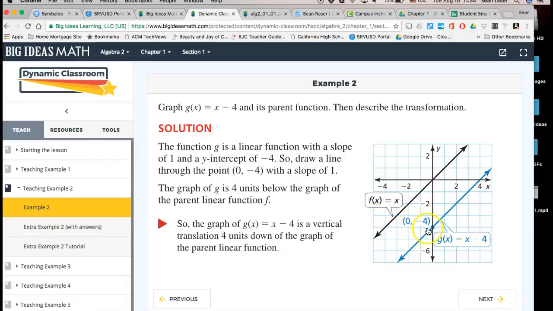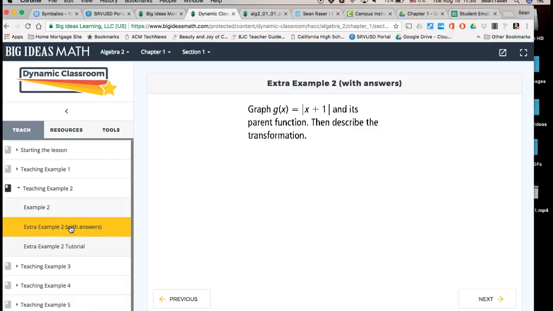You compare your graph to the parent function and you look at the changes and see what type of change has been made. Now what I want you to do is look at this example right here. I want you to look at the parent function, say what family it is, and then compare the graph here to the parent function and describe the transformation.